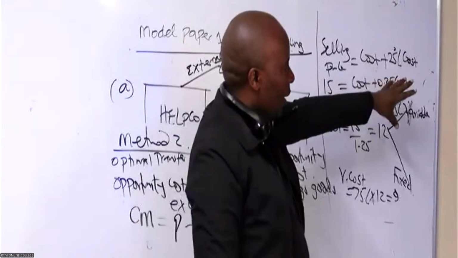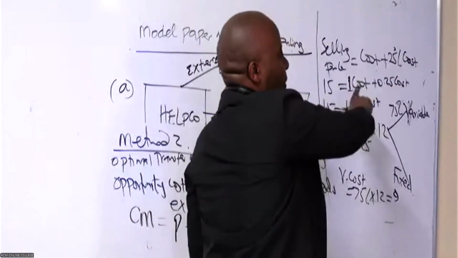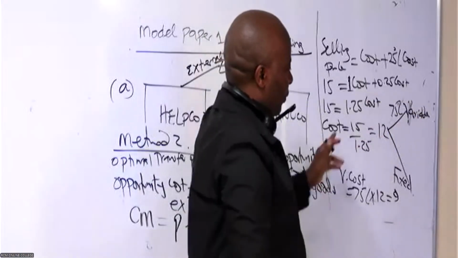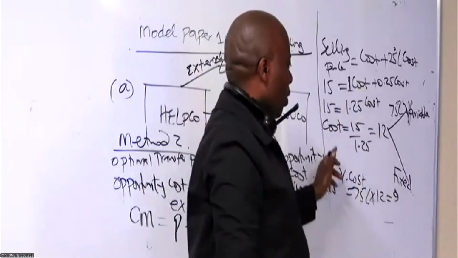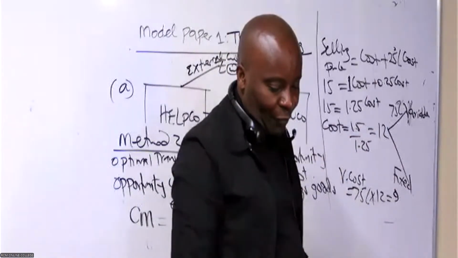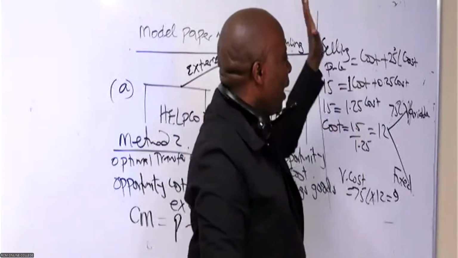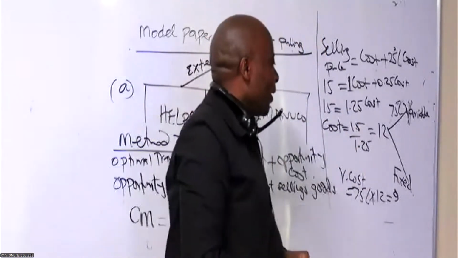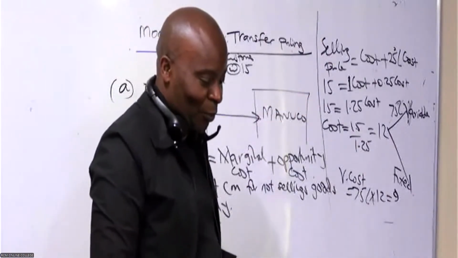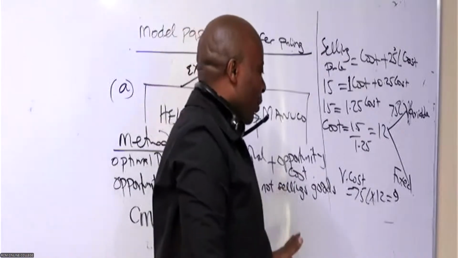When you take 0.25, there is an implied one here: one cost plus 0.25 cost gives us 1.25 cost. So cost will be 15 over 1.25, which is 12. If you try working with 0.25, the cost will be far higher than the price of 15. It wouldn't make sense at all. So we know the variable cost is 9.